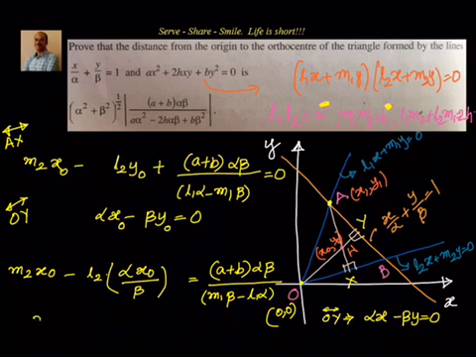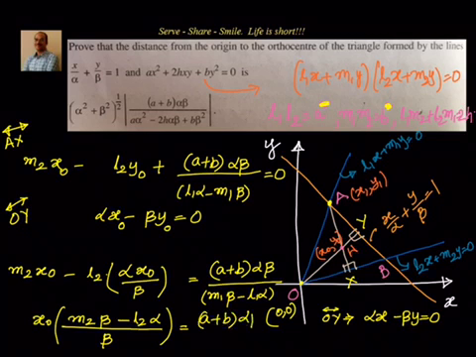Can I take common there and write down x0 into m2 beta minus L2 alpha divided by beta is equal to a plus b into alpha beta divided by whatever we have there, that is m1 beta minus L1 alpha.